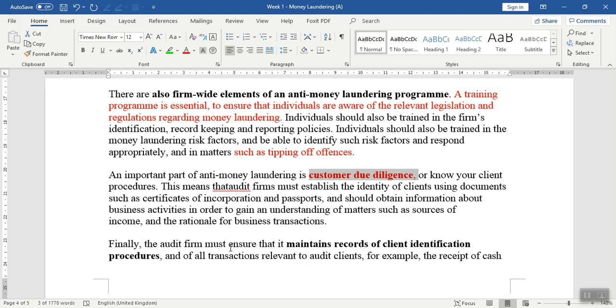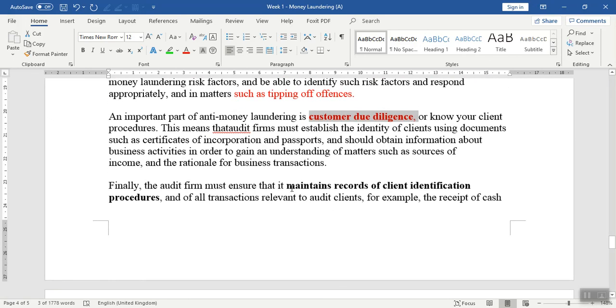And then the last one, maintain records of the client. So what records do you maintain? Two things. Working papers, all the relevant papers you keep for 5 years, and any other thing like the money laundering report, you also have to keep for 5 years.